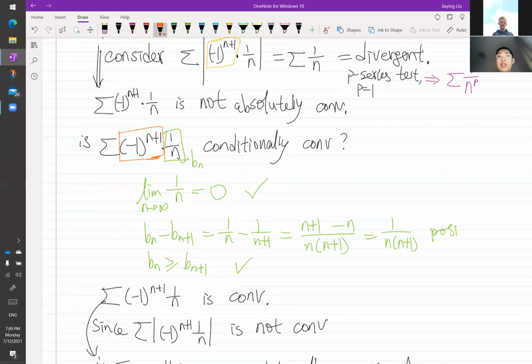So it no longer satisfies this 1 over n to the p. If you have (-1) to the n, or n plus 1, it doesn't matter, if you have this expression, the p-series test doesn't work. So it no longer works in that case. Any other questions?